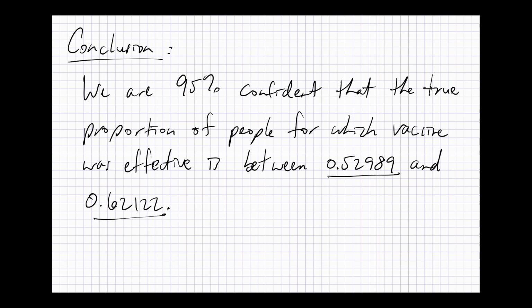Does this provide evidence that it's less effective? Yes. Why? Because our conclusion is the interval is less than the true proportion. Okay, so they said it's 62% effective. Is 62% inside that interval?